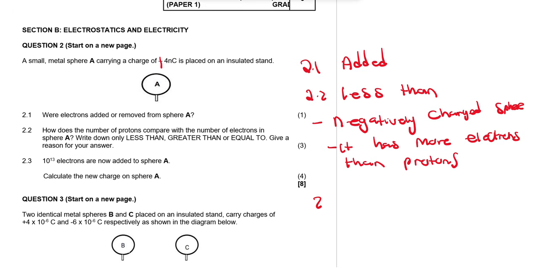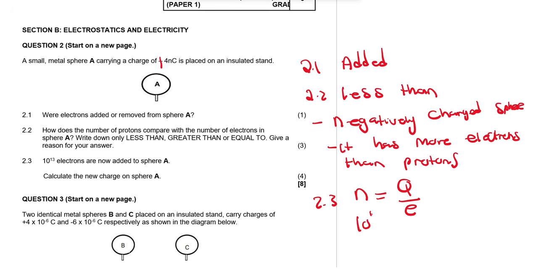And then 2.3, they say 10 to the power of 15 electrons are now added to sphere A. Calculate the new charge on sphere A. It's simple. We use this formula: n equals Q divided by e. So what is the number of electrons that are added?